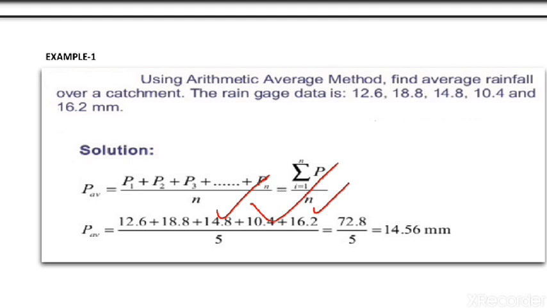Therefore n equals 5, n for number of data, so divided by 5. My answer came 14.56 mm. Therefore, the mean precipitation is 14.56. Very easy. So let us go through my second example.